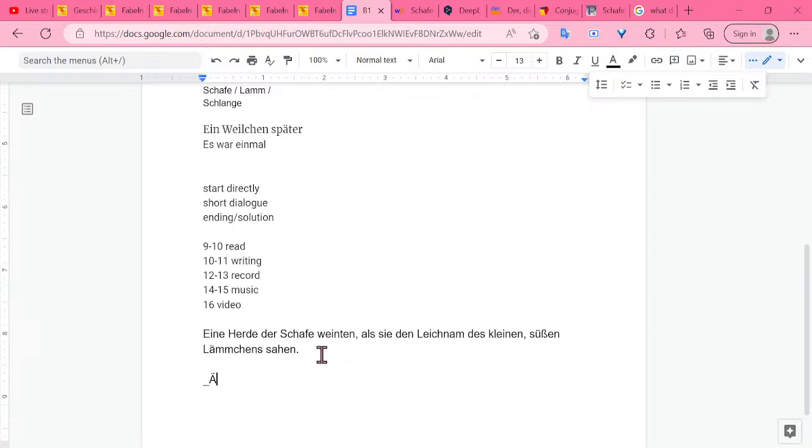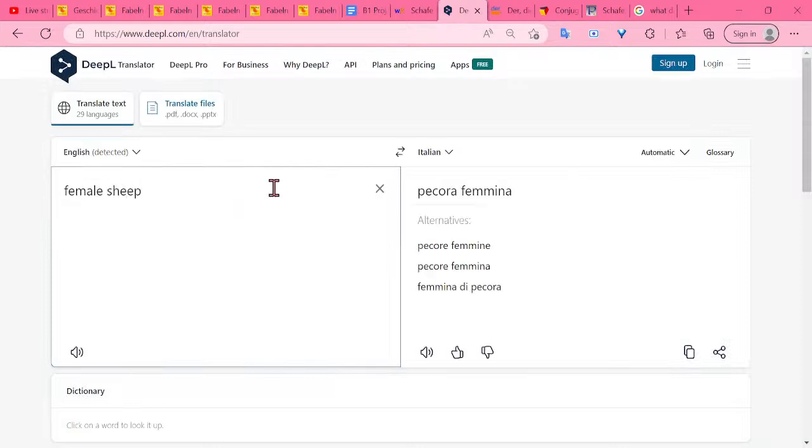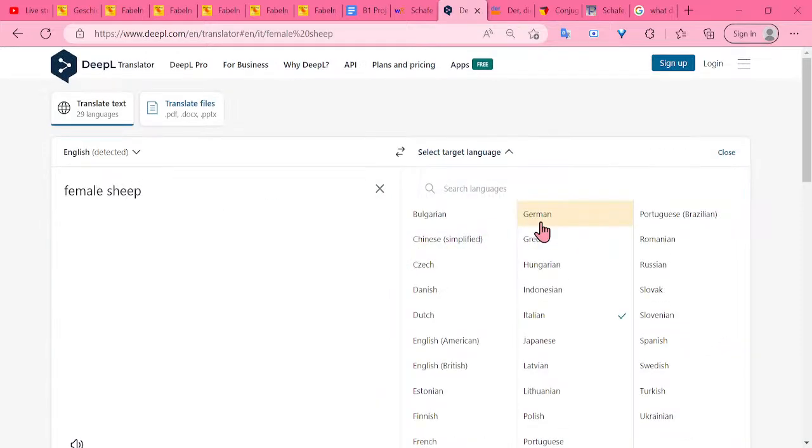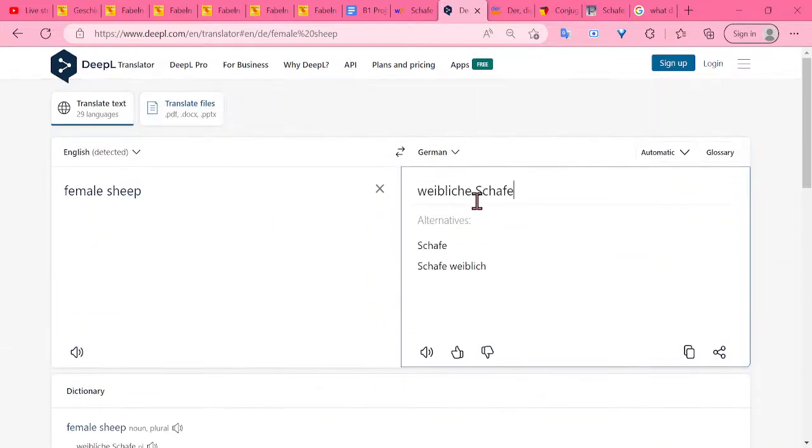Oi, what's that? Where are the quotation marks? You have to use the right quotation marks. Right now, I'm just making do, okay? I want a female sheep and I want a male sheep. So what do you call a female sheep? That is so weird.